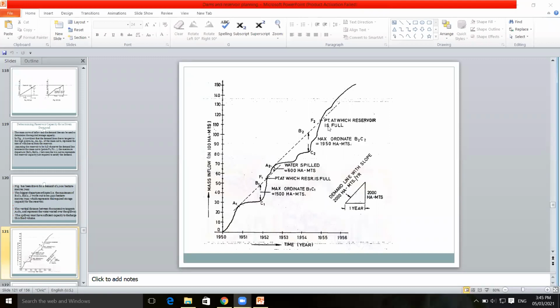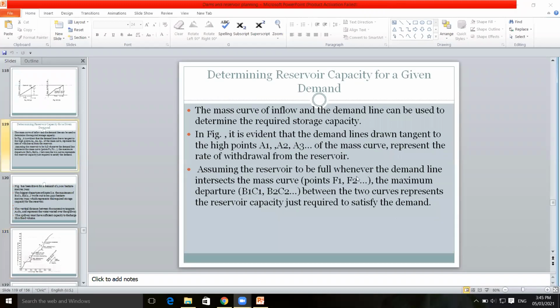Did you understand how F1 and F2 are plotted? The tangent line which intersects this curve at points F1 and F2, those points are considered as the points at which the reservoir is in full condition. Then the maximum departures V1 C1 and V2 C2 between the two curves represent the reservoir capacity just required to satisfy the demand.